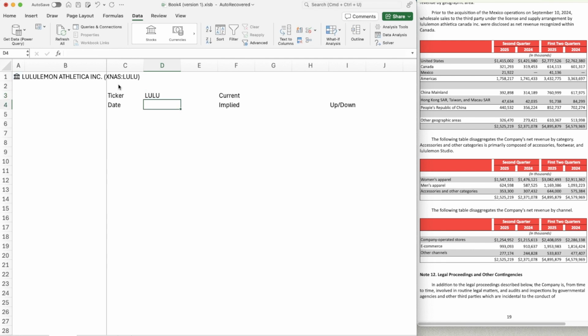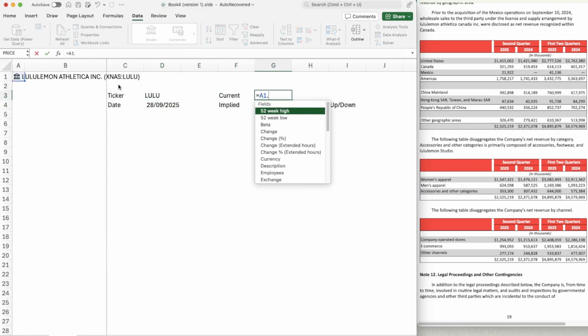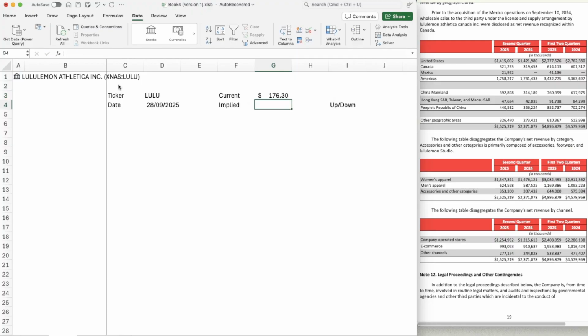And the date today is 28th of September 2025. The current price equals, again, A1, parentheses, price, and it's 176. Okay, that's fine.